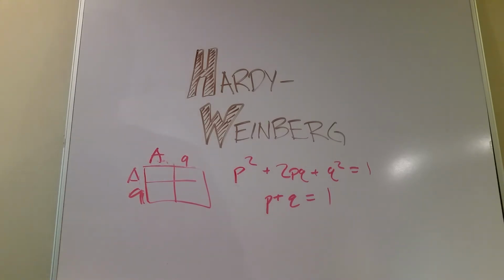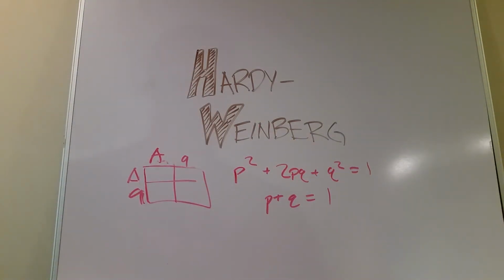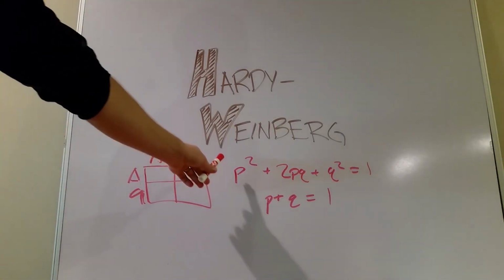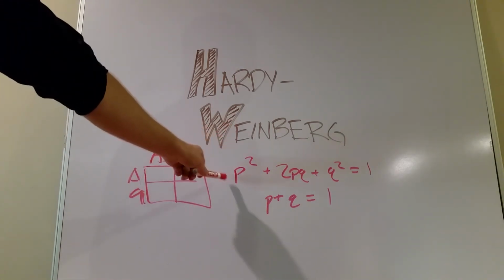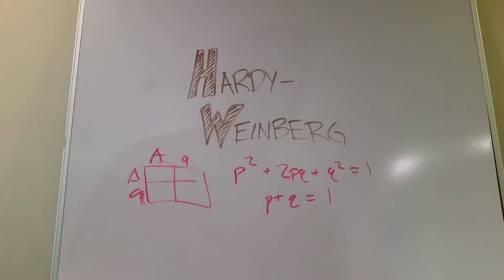So this first equation, on the right side, equals 1, which basically means you're adding up to 100%. And these are the three types of organisms you can have: homozygous dominant, heterozygous, or homozygous recessive. That's what the P squared, 2PQ, and Q squared respectively mean.